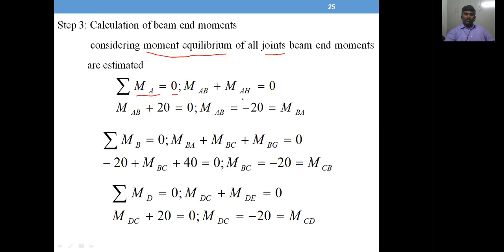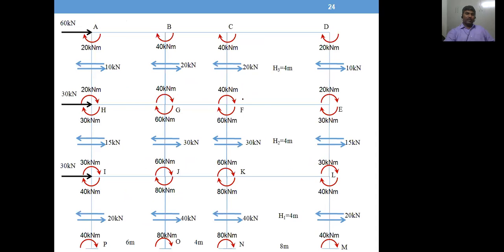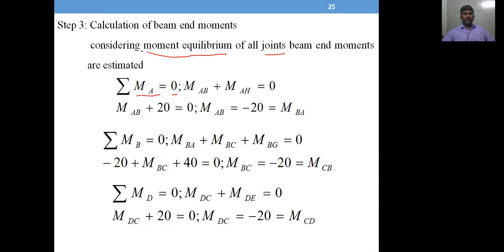Let's see what members are joining at A. In the step 2 solution, at joint A there is beam AB joining here and column AH joining at A. My equation will be MAB plus MAH is equal to 0.